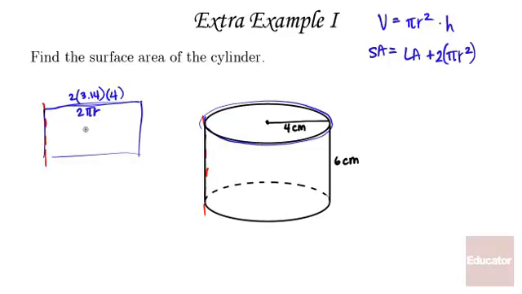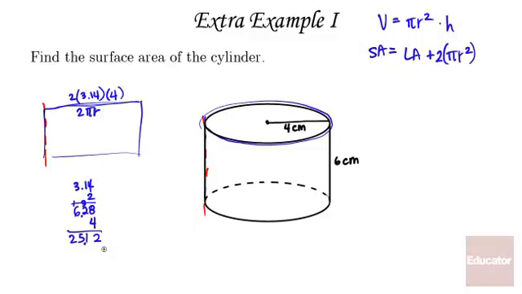So 2 times 3.14 is 6.28, since I have 2 numbers behind the decimal point, and then times 4. So this is 32, that's 8, 9, 10, 11, 24, 25.